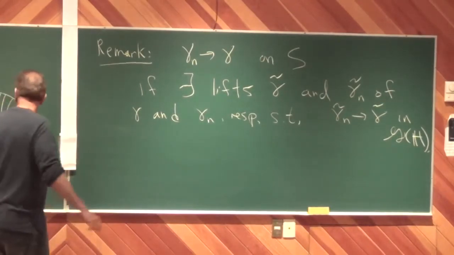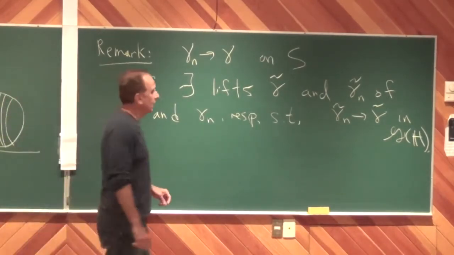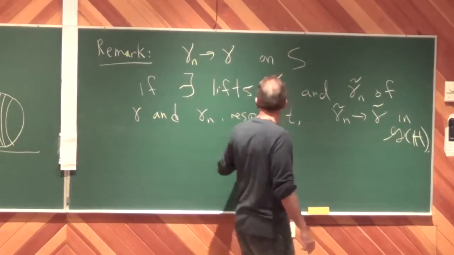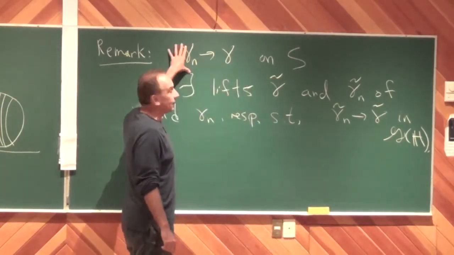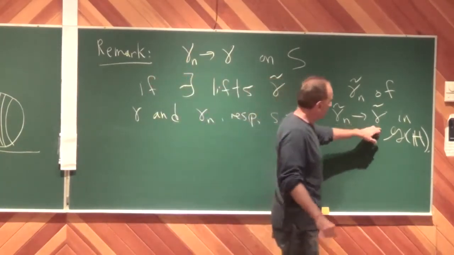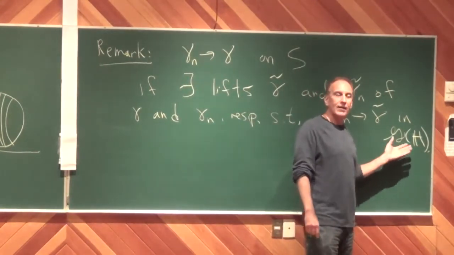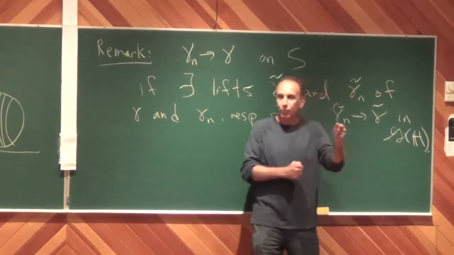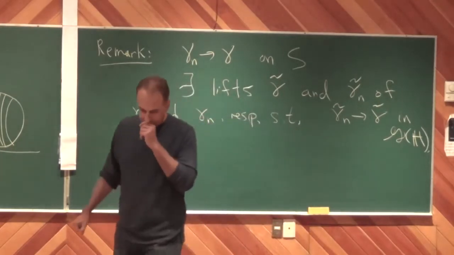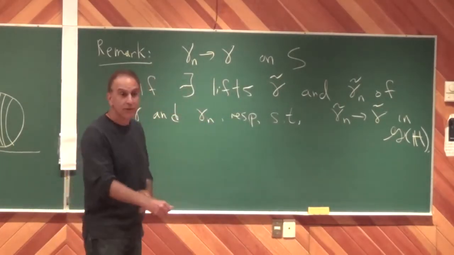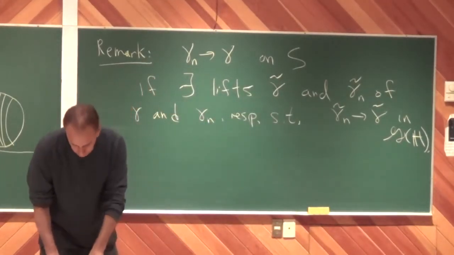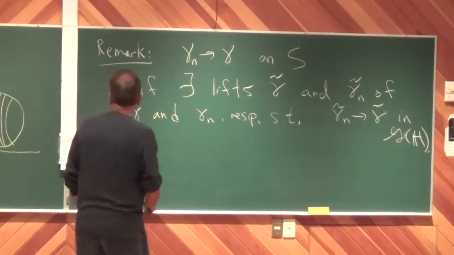So I'm just translating what this is upstairs. So if you could find a lift of this and lifts of this that converge in this space, and these are easy to understand, because this is just endpoints converging to endpoints, then we say that the gamma n converges to gamma. Okay.